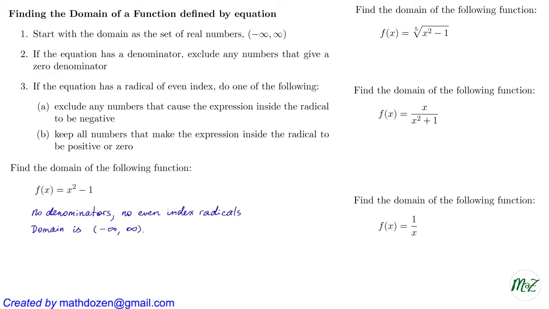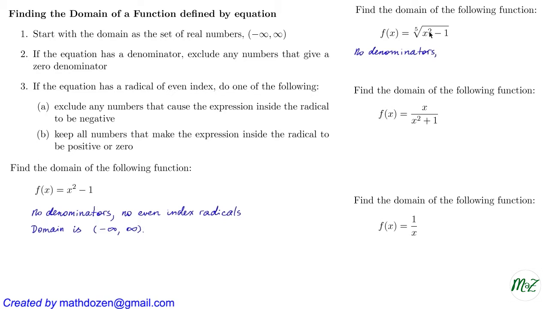Now shifting to the second example, the function f of x being the fifth root of x squared minus 1. Again, quickly examine the function. There are clearly no denominators in it, so there are no fractions at all.